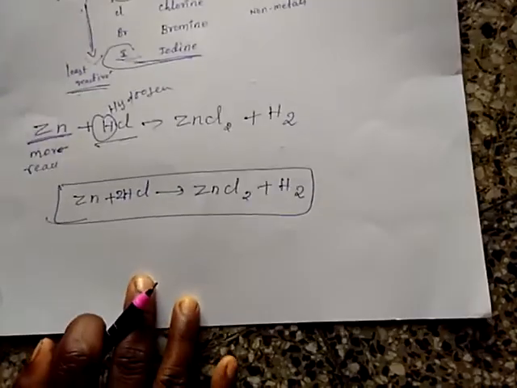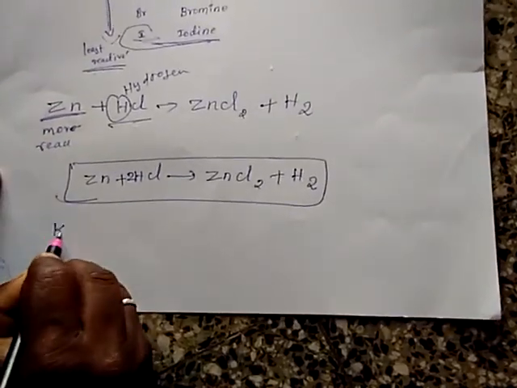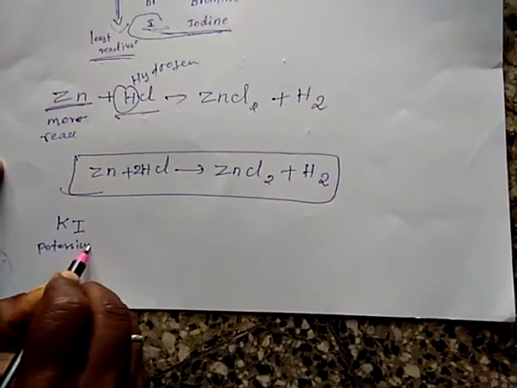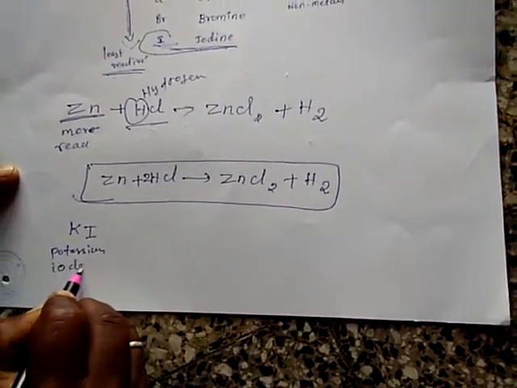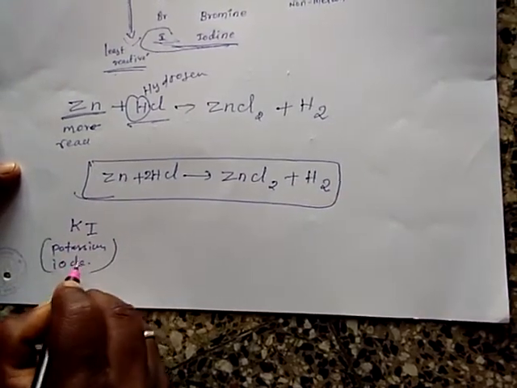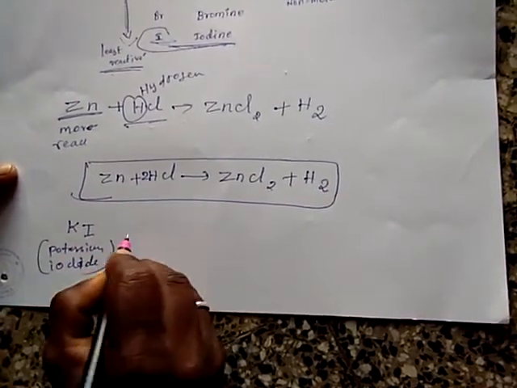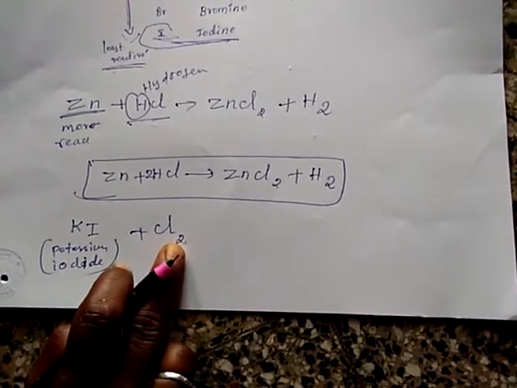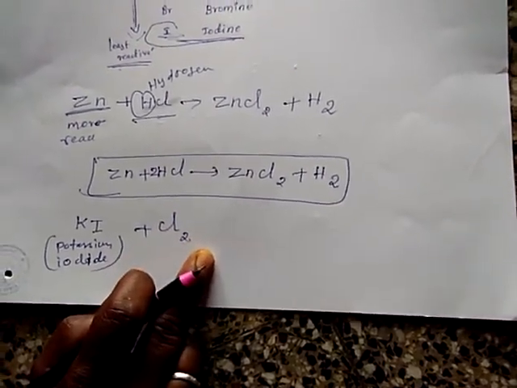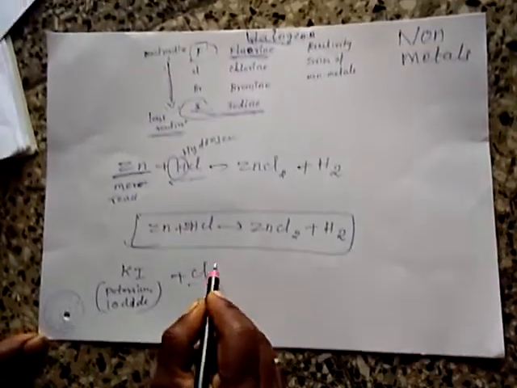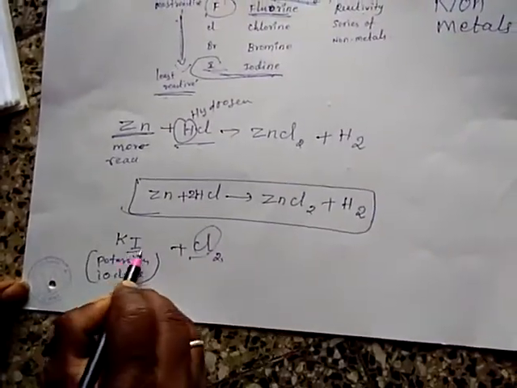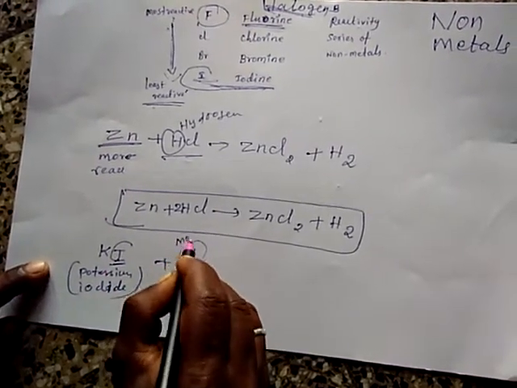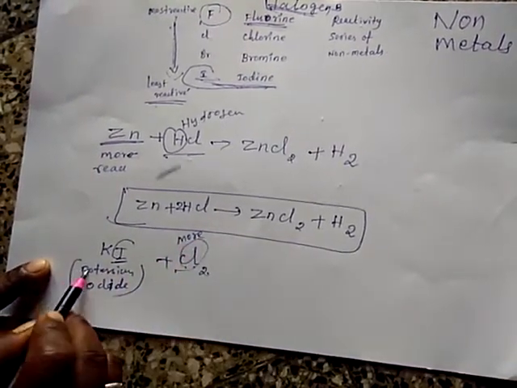And another example is potassium iodide plus chlorine. This example involves non-metals. Chlorine is more reactive than iodine.